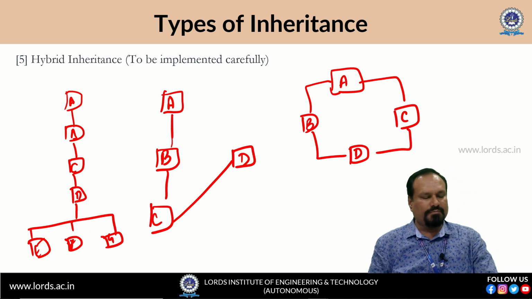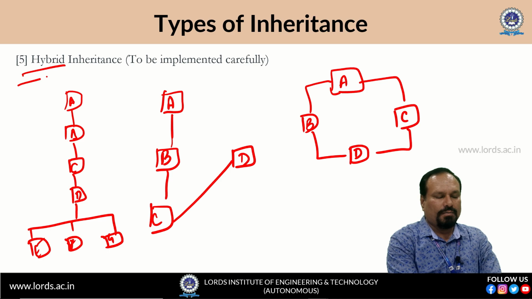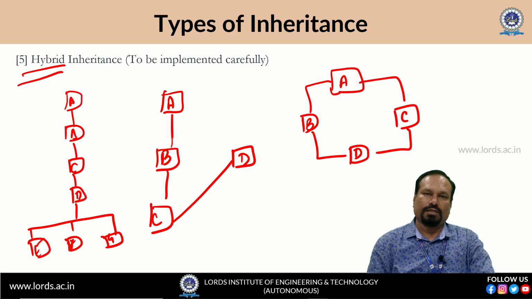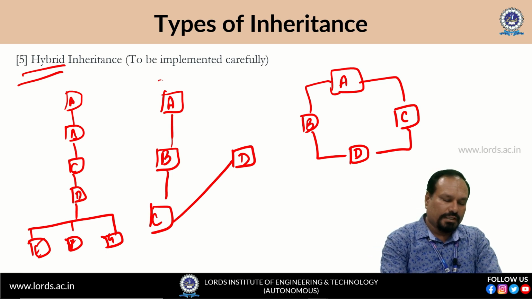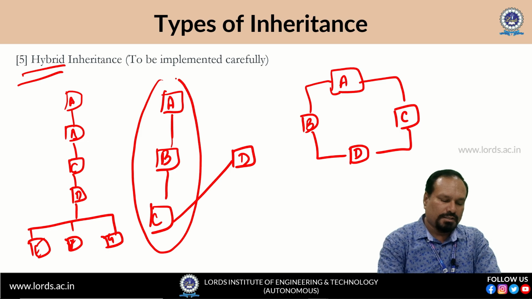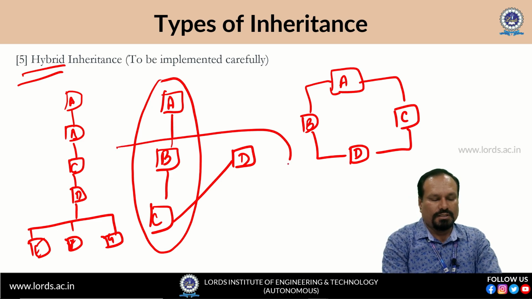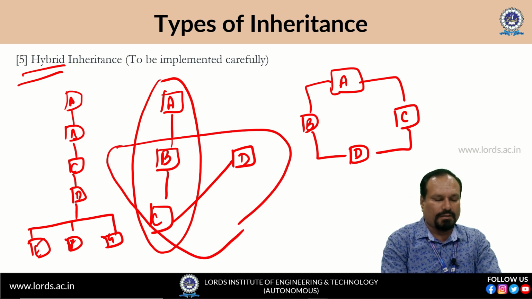As you know, the name suggests hybrid. If I am combining different types of inheritance, we call it hybrid inheritance. In this example, this is one type of inheritance, which is called multi-level. But if you see this segment, it is multiple.